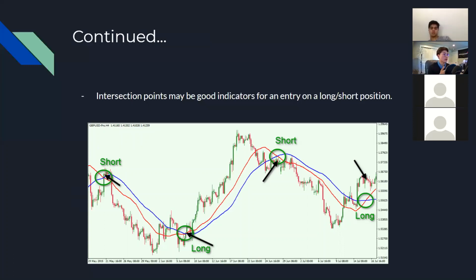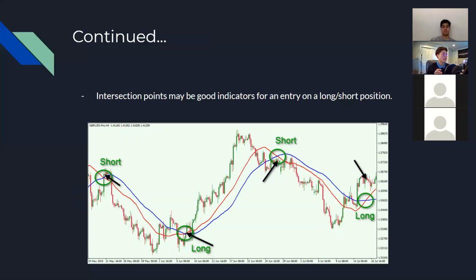If you can see, there's a red and blue line, and they represent different moving averages. Like I said, you could change the time interval that each moving average line covers. I believe the red moving average is monitoring a shorter amount of time, while the blue one is not.